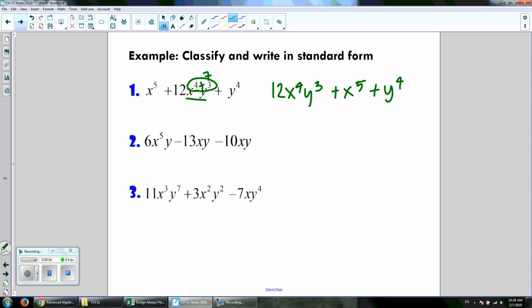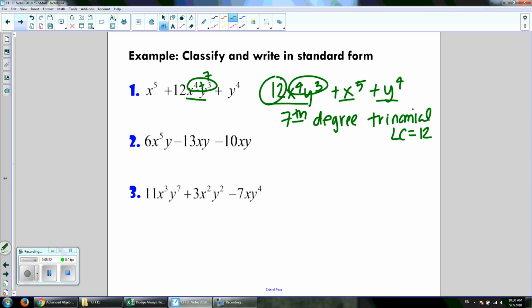So again, like I said, that's a 7 right here. And we don't have any special names, so I'm just going to call that a 7th degree. So after quartic, everything is just the number. Then I have 1, 2, 3 terms, so that's a 7th degree trinomial. And then the leading coefficient is 12, that number out front.